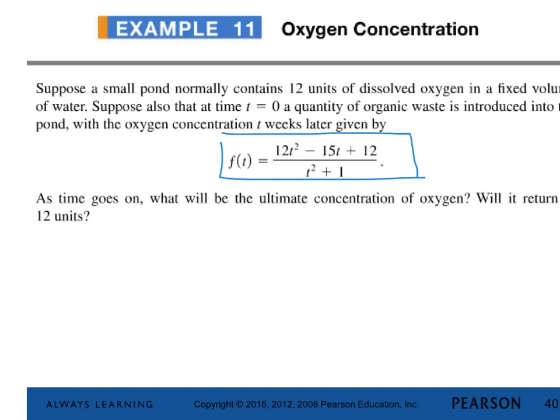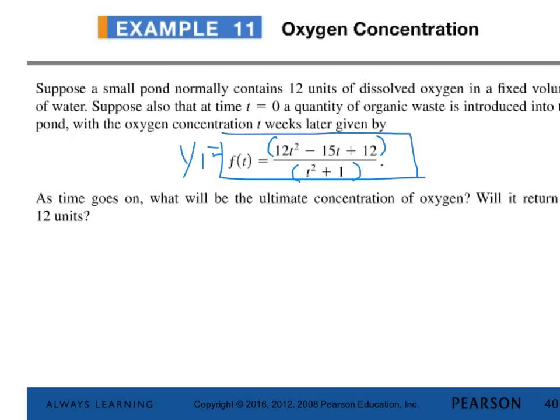The first thing I want you to do is go to your graphing calculator and enter that function into y1 to make calculations easier. And remember, when you enter this function in, you need parentheses around your numerator and parentheses around your denominator.